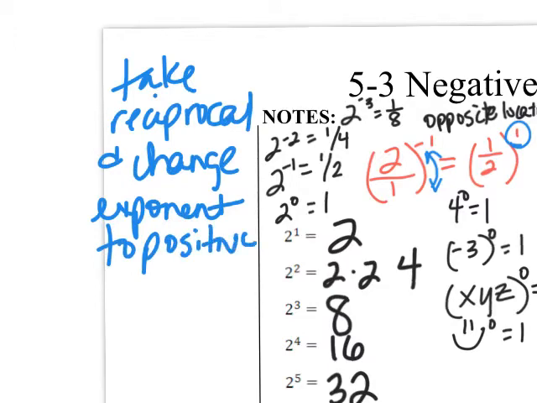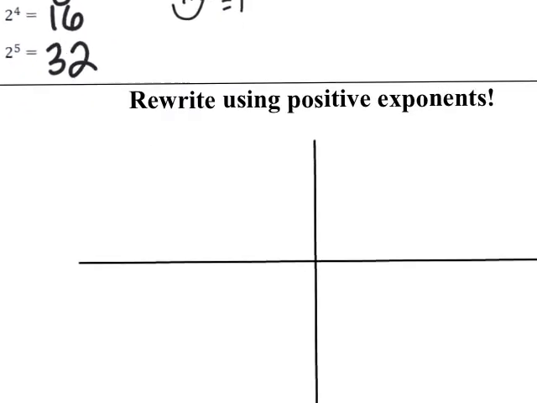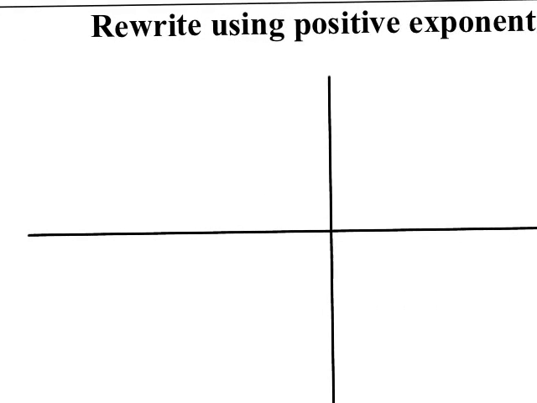Okay, so let's just do a couple of examples down here. Let's just pick 4 random ones. So let's do 7 to the negative third.